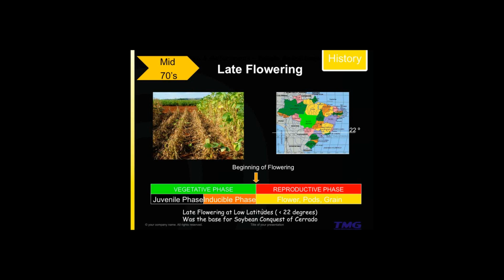These plants were then selected based on height, so everything between 80 centimeters and 1 meter would be sent to low latitudes to screen for local adaptation. That was the strategy used to introduce these LG genes in soybean in Brazil.